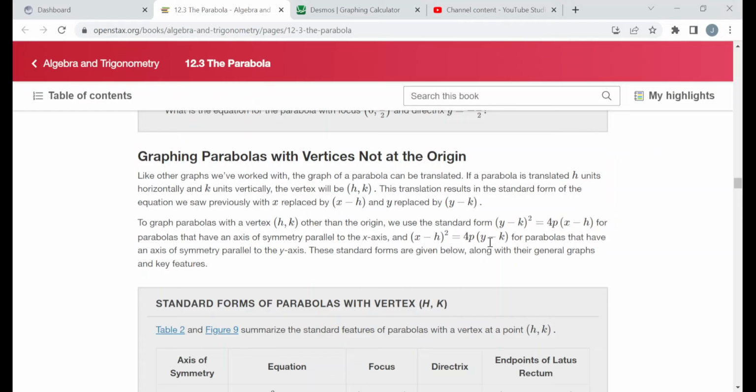And then we had to find a special point called the focus, a special line called the directrix, and a special segment called the latus rectum, which was a segment containing 2 points of the parabola and the focus, and was parallel to the directrix. Right, all that stuff I'm assuming you remember from my video on graphing parabolas with vertices at the origin.